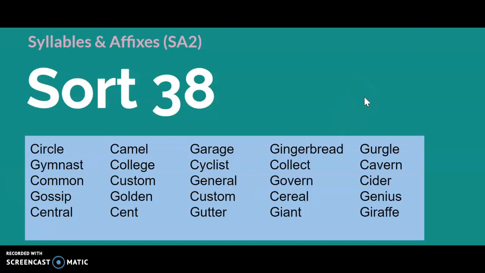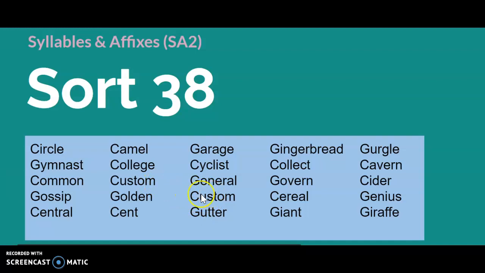Let's take a look at the syllables of these words. Do you see any commonalities, any differences? This one stands out just because it's the longest. Gingerbread, we've got 3 syllables there. Garage, 2 syllables. Cyclist, 2 syllables again. Gutter, custom. Oh, I have custom twice.